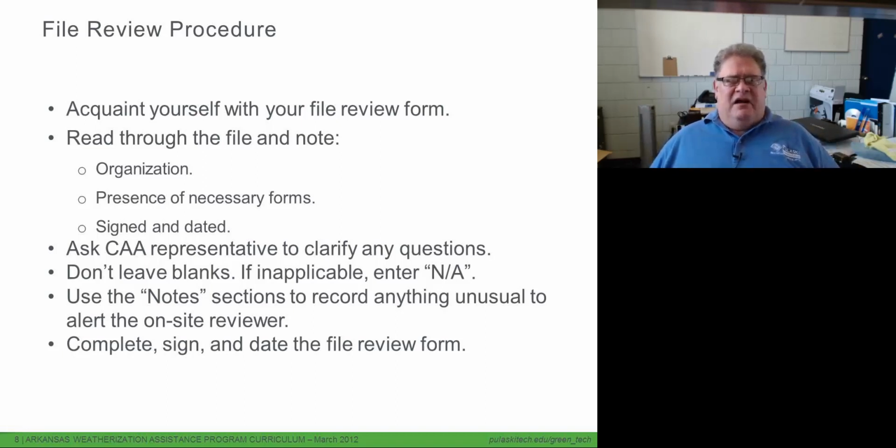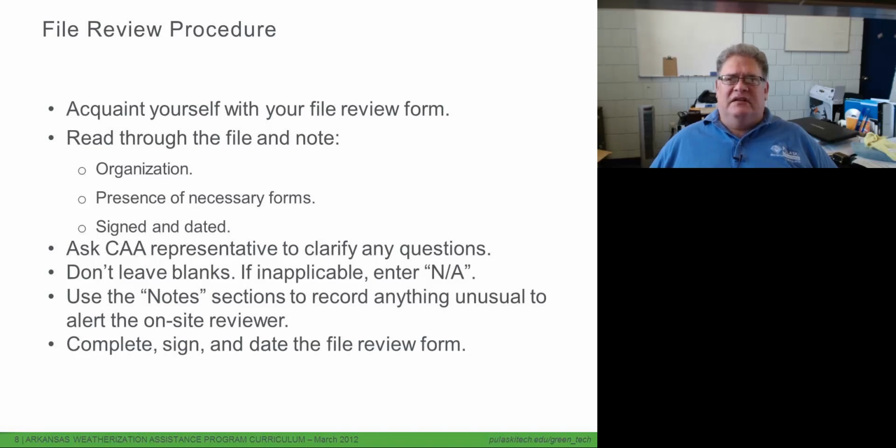Okay. So use your notes section. If you've got a notes section, and you should, put anything that is unusual to alert an on-site review. So if you see something in there that says more insulation was used on the job than can physically fit in the attic, this might be something that you're going to ask the on-site reviewer to look for.